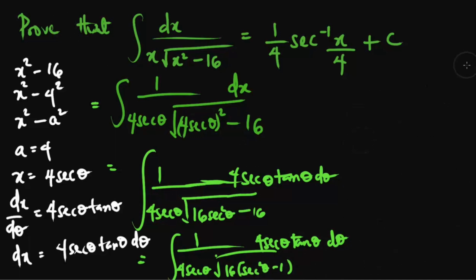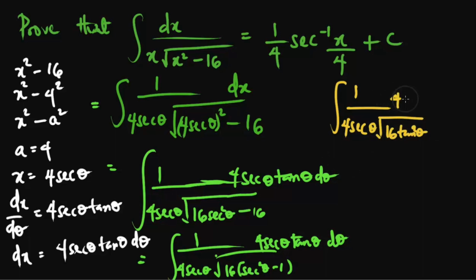And so we're going to have the integral of 1 over 4 sec theta, root 16 tan squared theta, then 4 sec theta tan theta d theta.